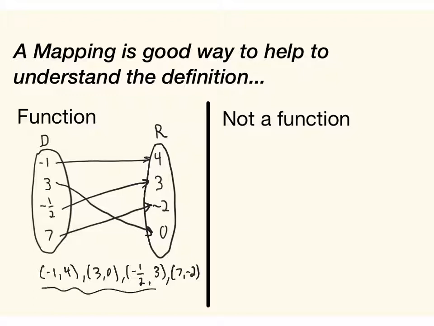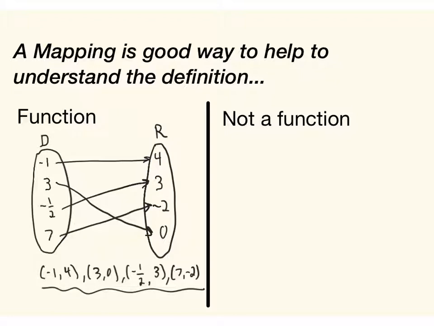So this would be our set of ordered pairs, and a set of ordered pairs makes it a relation, but then the fact that we have no domain value connected to more than one range value makes it a function.